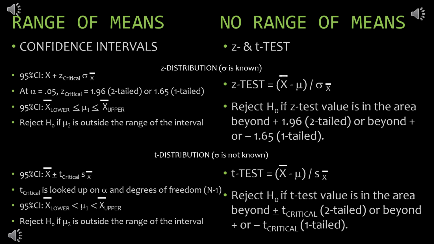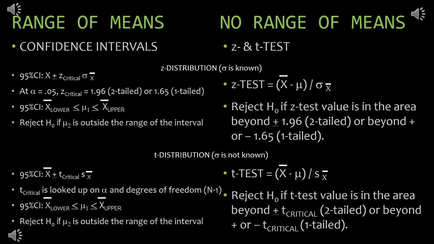We have some choices now. We need to either choose to use the z-distribution, we'll use the z-distribution if sigma is known, or the t-distribution, a new distribution. And we'll use that distribution if sigma is not known. We need to choose whether we need to do a confidence interval or a z-test or a t-test.